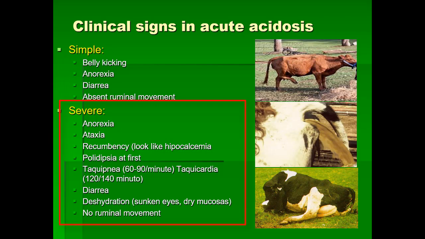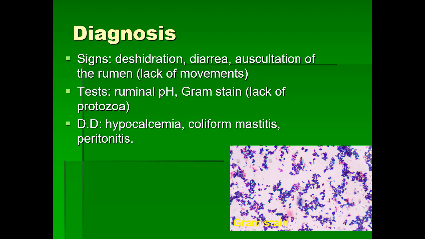The animal will have an elevated heart and respiratory rate, severe dehydration with sunken eyes and dry mucous membranes. And some of these signs, like the diarrhea, may not be seen if the animal dies in a few hours from the ingestion. So the diagnosis basically relies on the clinical signs. We want to auscultate that rumen to see if there is a lack of movement.